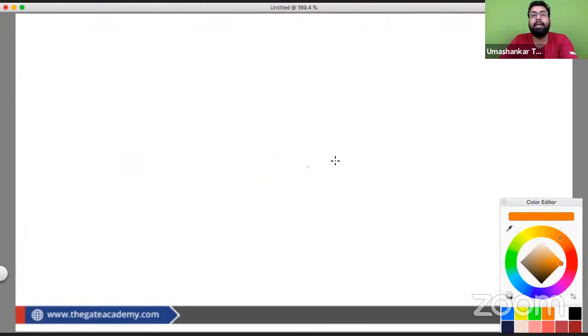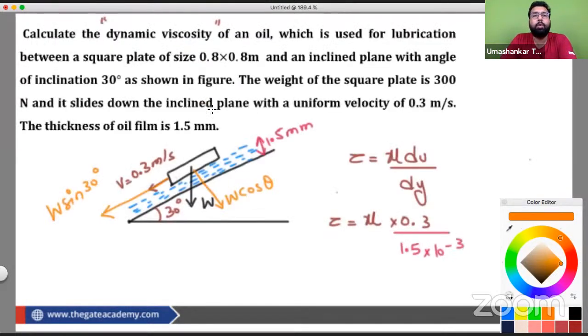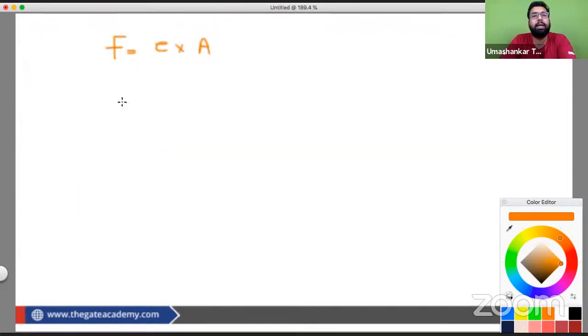But remember this, that while we are writing this force is equal to tau into area, this force is going to be the one which is parallel to the direction of velocity. So we have this weight which is 300 Newton. So we can write it this way. 300 Newton is the weight, and so we have the force, tau, and surface area.